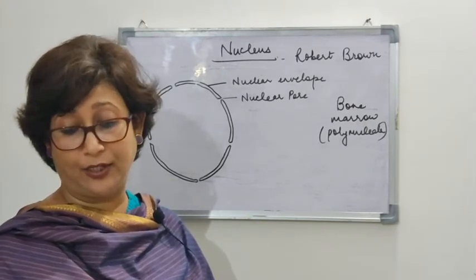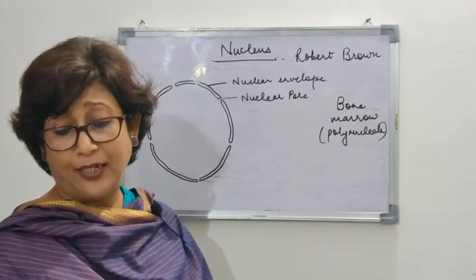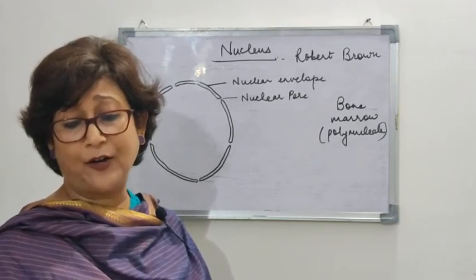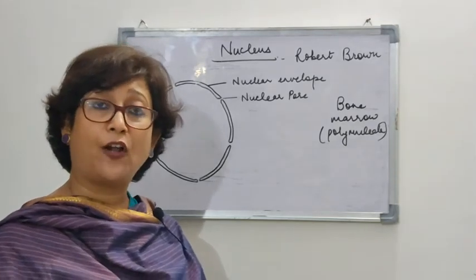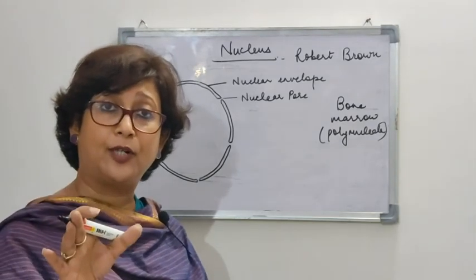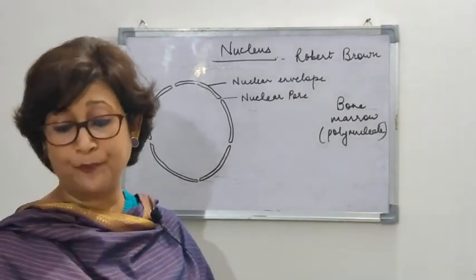Now, it says here, in plants and fungi, they are known as cenocytic cells, right? So instead of using the term multinucleate, we use cenocyte for plants and fungi, right?